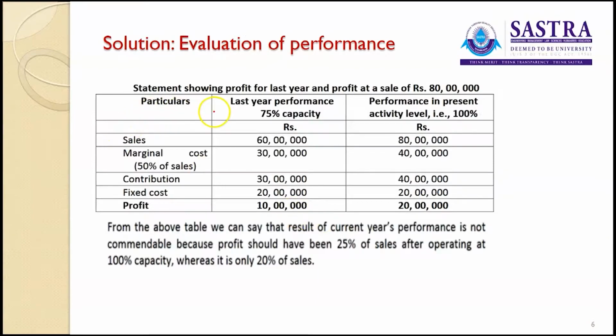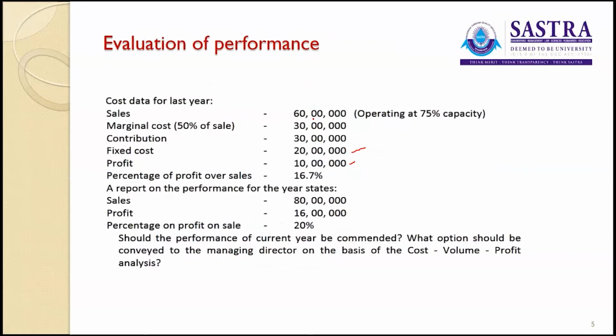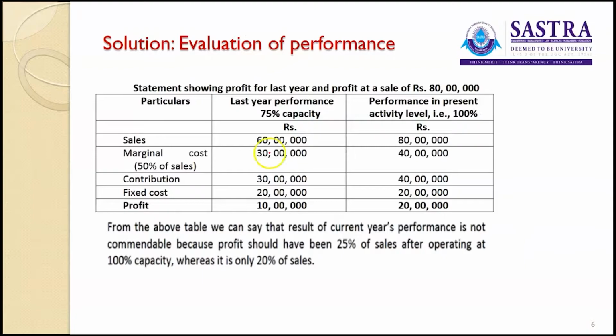Now a statement showing the profit for the last year and the profit at a sale of rupees 80 lakhs. Last year performance at 75% capacity, whatever is given in this line, is now put in the marginal cost statement. Sales is 60 lakhs, marginal cost is 30 lakhs, contribution is 30 lakhs, fixed cost we have 20 lakhs, so profit is 10 lakh rupees.